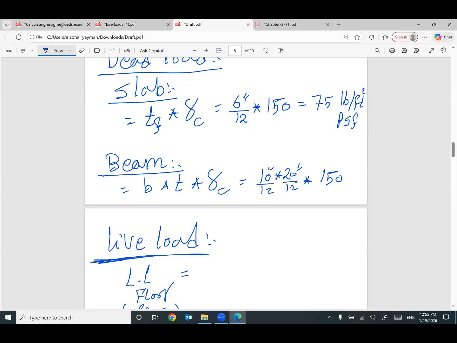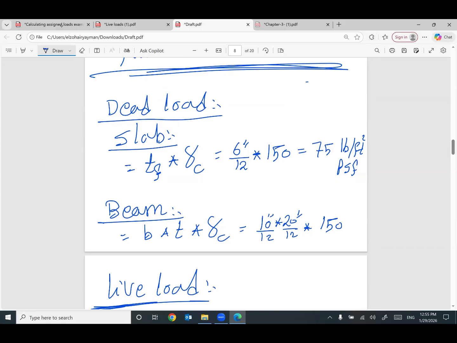Do you know why? Because right now we have this beam, which is 10 by 20 inch, and this beam is connected to the floor slab, which has thickness 6 inch.